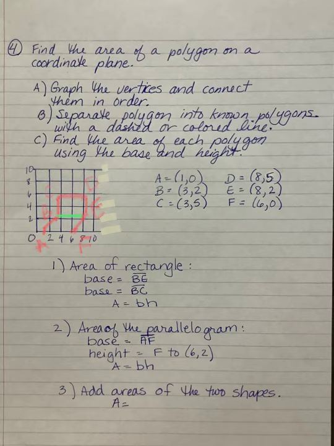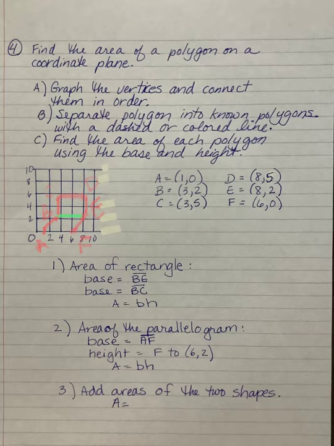Okay, so first I'm going to find the area of the rectangle. Area of a rectangle is the base times the height. I'm going to use the line from B to E as my base, and from B to C as my height. Remember these are all in the positive quadrant, quadrant 1, so I could use absolute values.